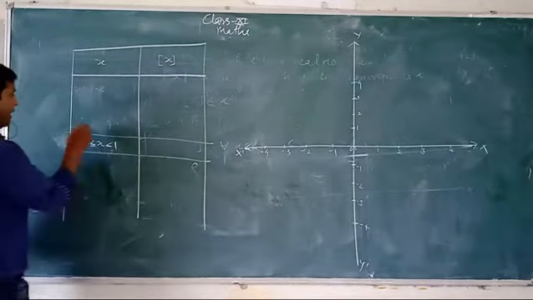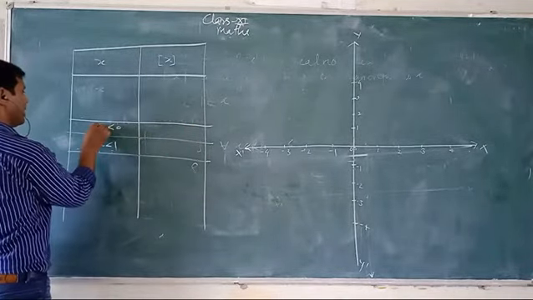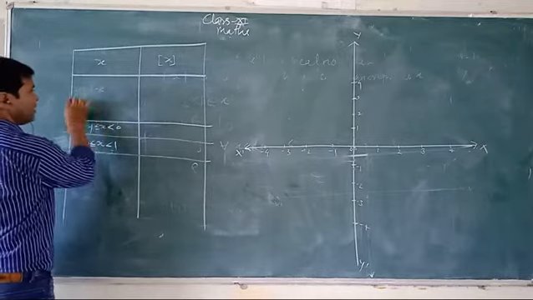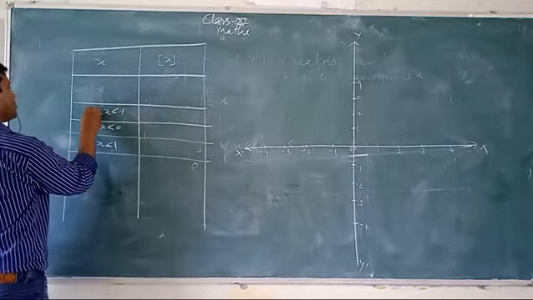Okay, and also we are taking negative values: x is less than 0 and greater than or equal to -1. Here x is less than -1, greater than or equal to -2.